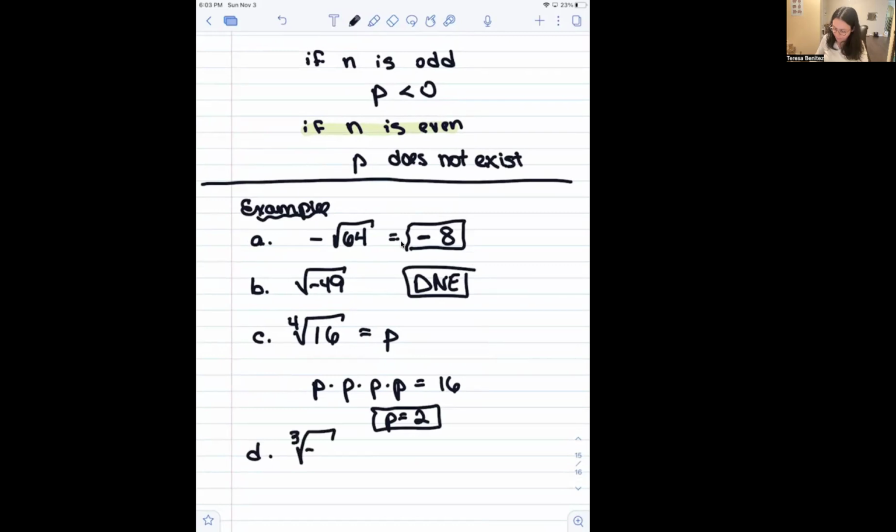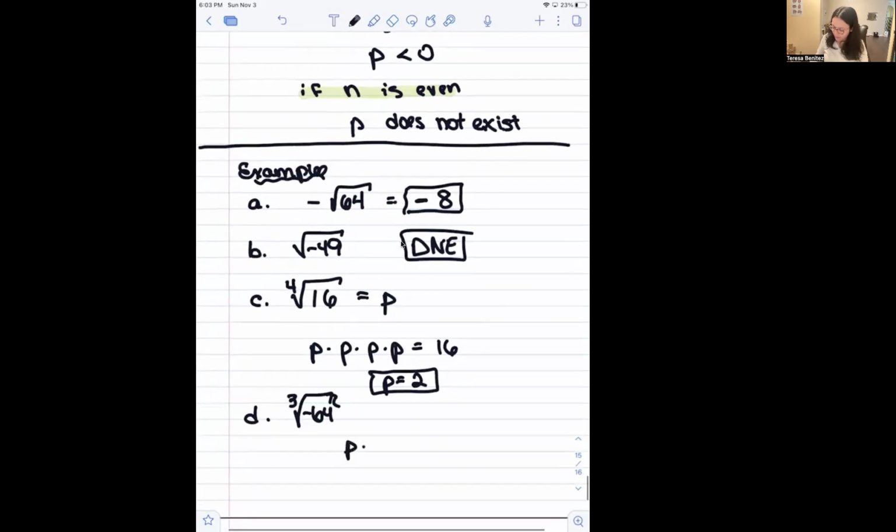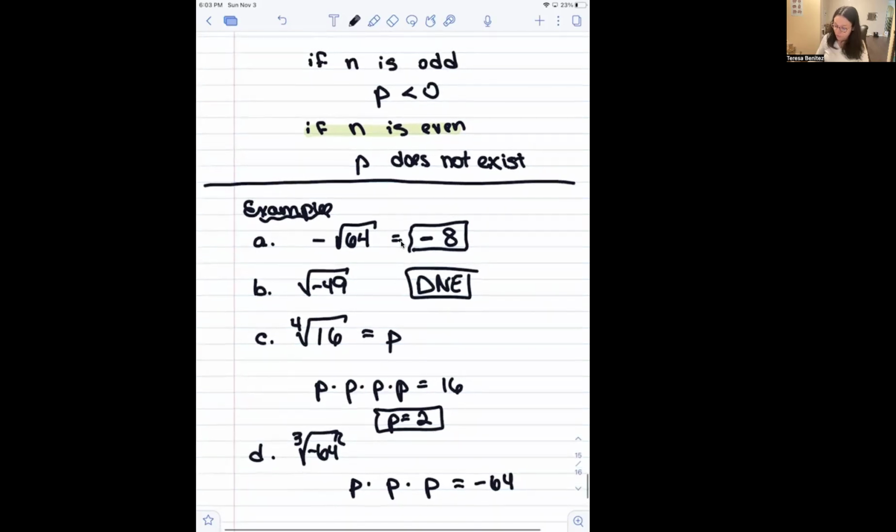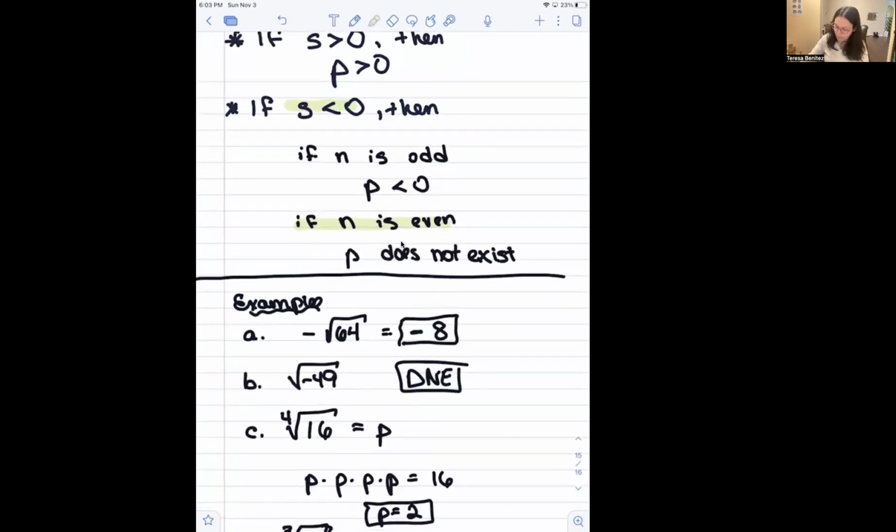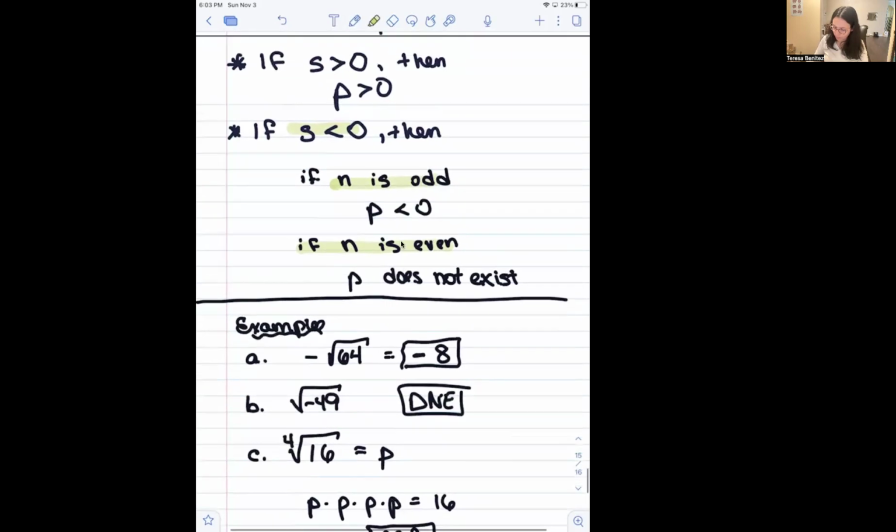Last example, I'm looking for the cube root of negative 64. So I'm looking for a number multiplied by itself 3 times will be equal to negative 64. And I'm going to scroll up, my apologies. This is one of the examples where n is odd, okay?